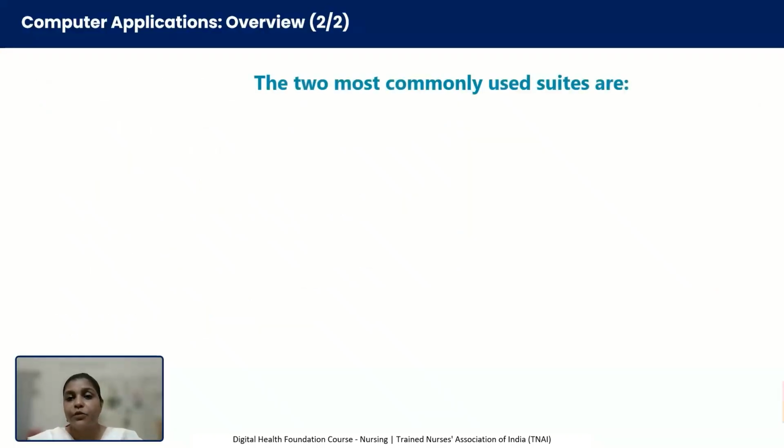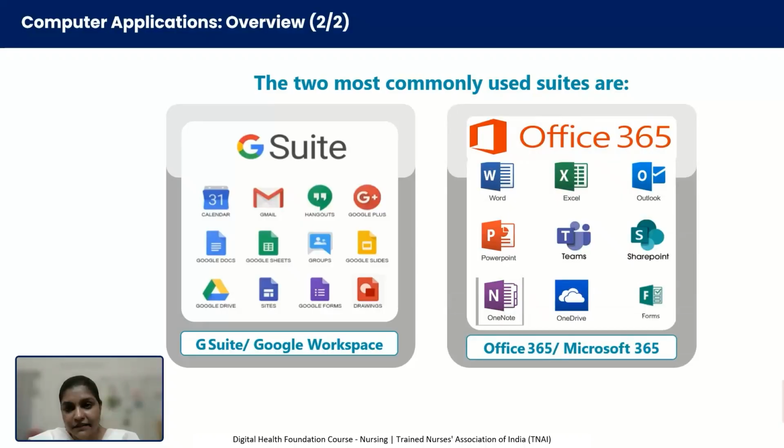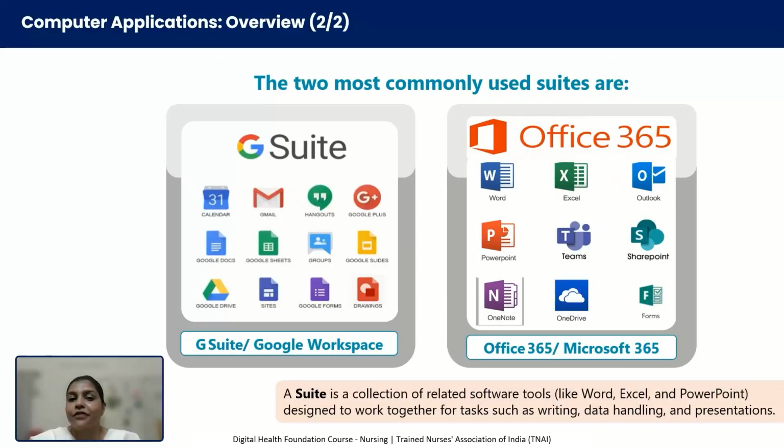Now that we understand what computer applications are, let's look at two of the most commonly used computer application suites: Google Workspace, formerly G Suite, and Microsoft 365, also known as Office 365. Both of these suites offer a collection of tools that work together.